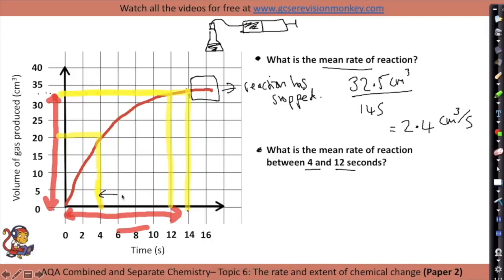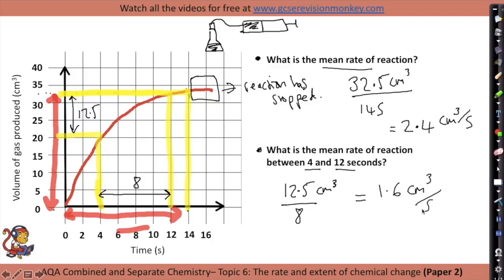And then we have to calculate the values in between those two lines we've drawn. So here we go from 4 to 12, so that's 8. And within that 8 seconds we have produced this amount of gas, which is 32.5 minus 20, which is 12.5. So to calculate our rate, we do the amount of gas we'd produced, 12.5 centimetres cubed, divided by the time it took, which is 8 seconds, and that will give us a mean rate of reaction of 1.6 centimetres cubed per second.